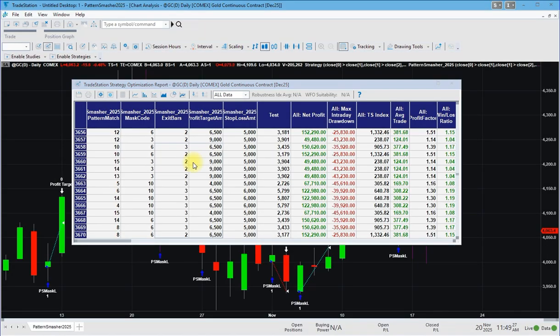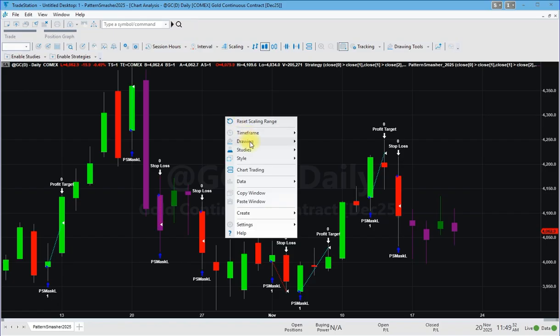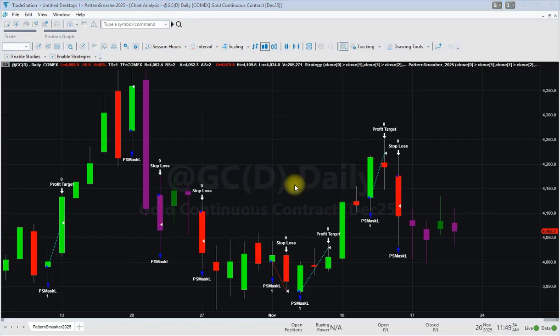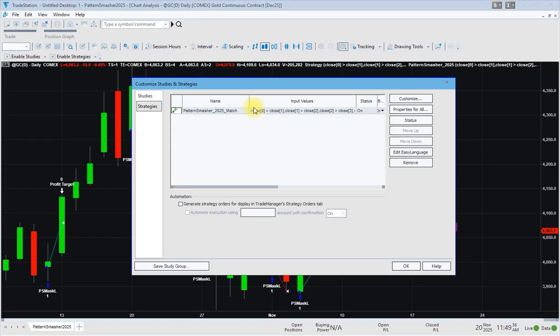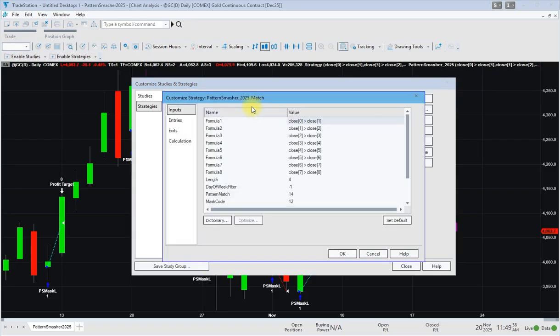So let's go back over here. I'm going to kill that. Studies, edit strategies, and let's see. We could say something like this. Let's do pattern formula 3. Let's just type this in here. RSI C14 is greater than 25.